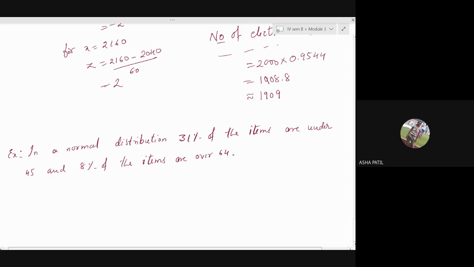Find the mean and standard deviation of the distribution.